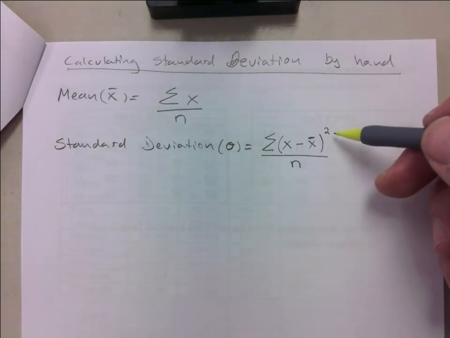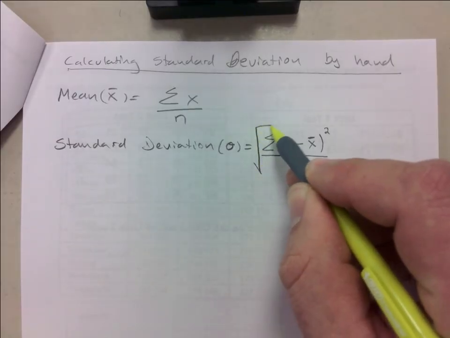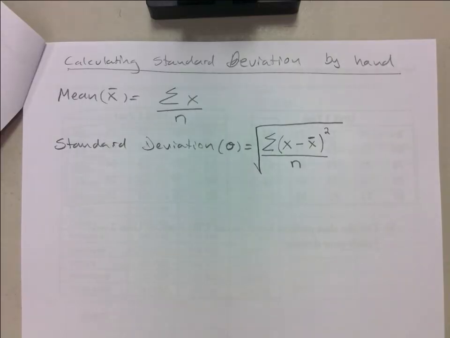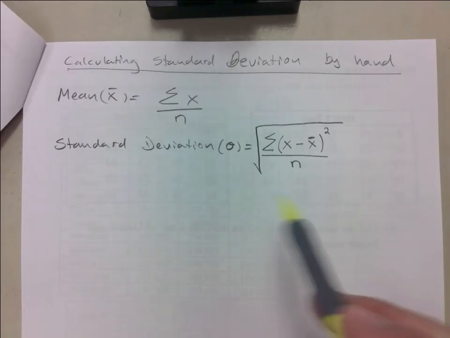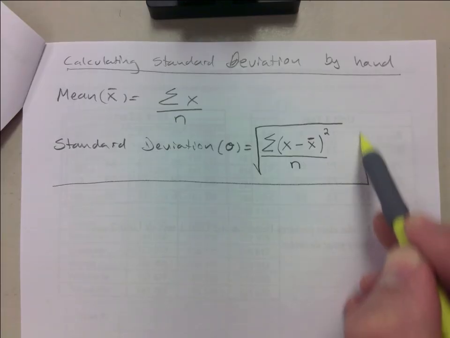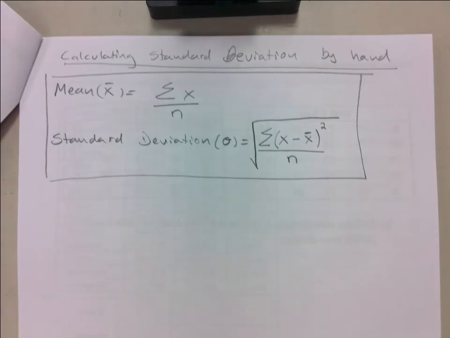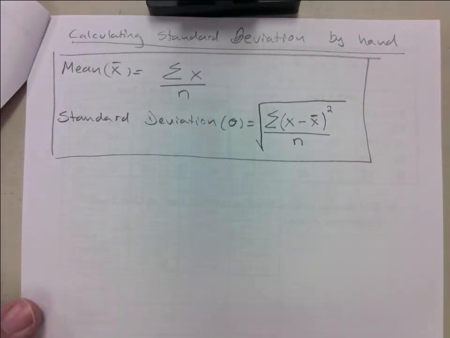And because we squared everything, we have to square root it at the end of the day. Scary, isn't it? It looks scary. It's not as bad as it looks. Okay, so have these formulas on your study sheet, and so here's the example.